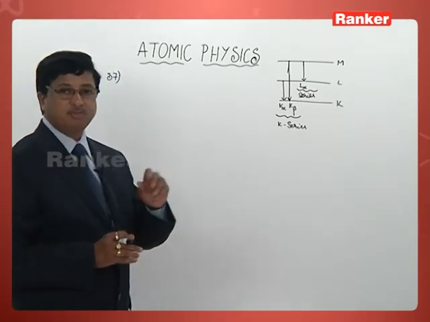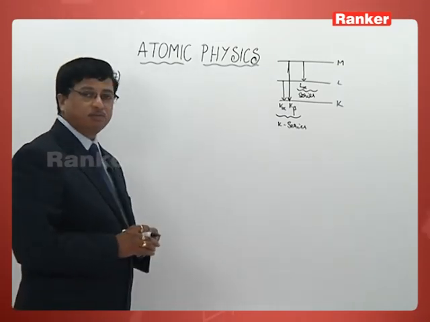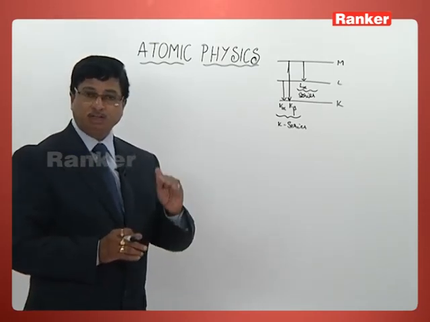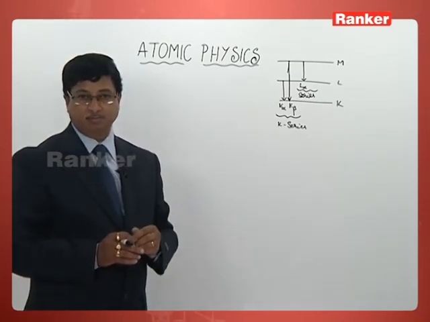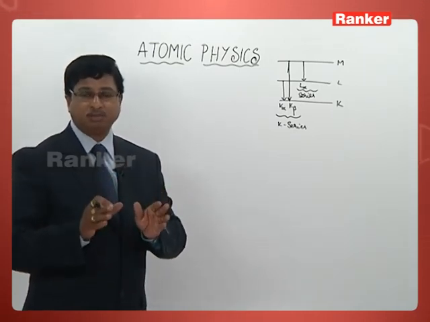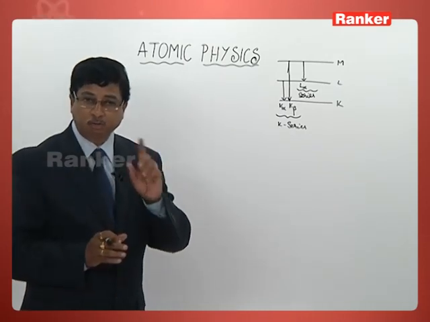What is this concept of Moseley's law? First of all, the square root of the frequency of the spectral line obtained is directly proportional to the atomic number of the target material which has been used in that X-ray tube.